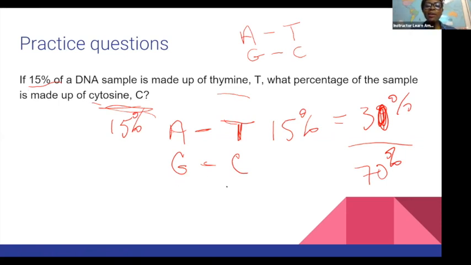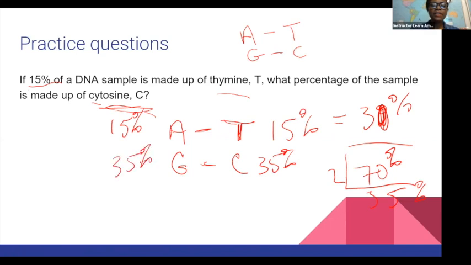But the question is not asking what is C and G, the total. They just want to know C. So what we could do then is divide that in 2, and that gives us 35%. So then we know that 35% is made up of cytosine, 35% is made up of guanine. And if you add that all up, you should get your 100%.